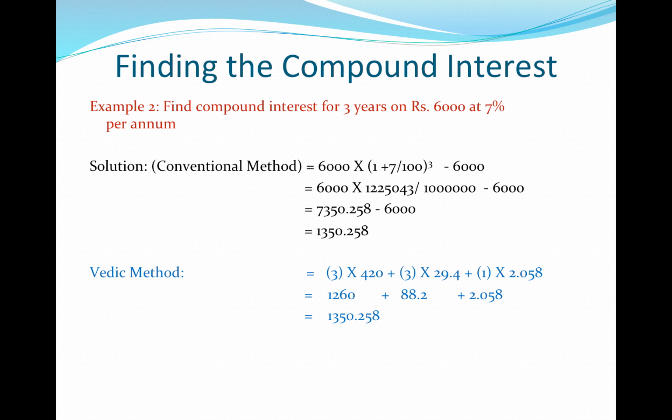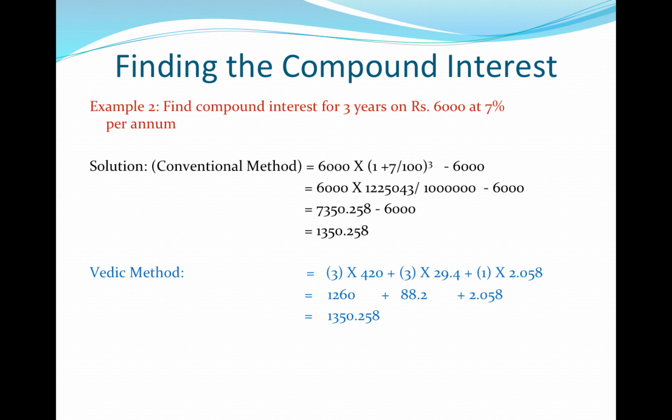But with Vedic Maths or the Vedic method, we can easily find compound interest without that much calculation. So, in the pattern table, we have 3, 3, 1 for 3 years. So, first calculate 7%, that is R% of the P, that is 6000.